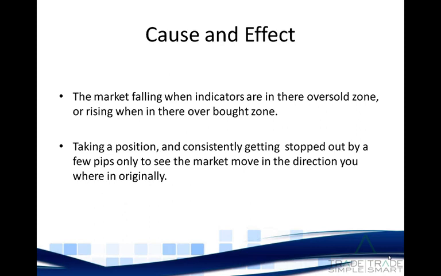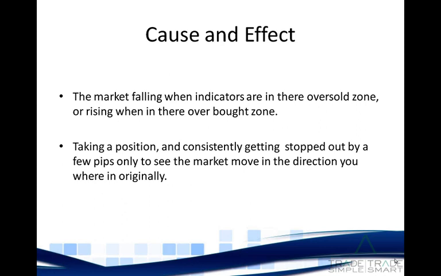So the mismatch between cause and effect will very often take place in the tools that you apply to charts. And this especially highlights the difference in the level of understanding between professional education that deals with the whys and retail education that deals with the hows and the whats, because you can understand what an indicator is, you can understand what an oscillator is, you can understand how to interpret the indicator or the oscillator.